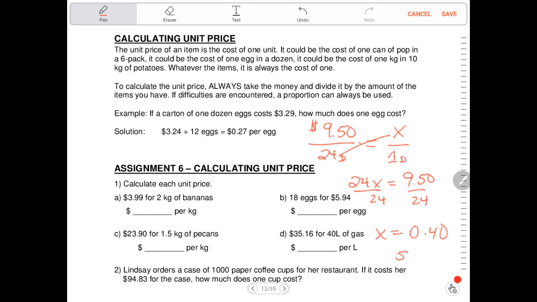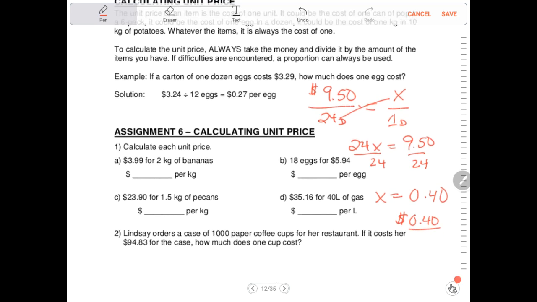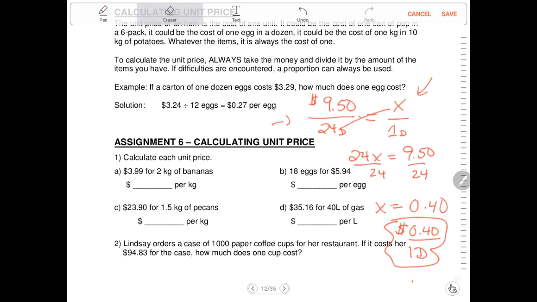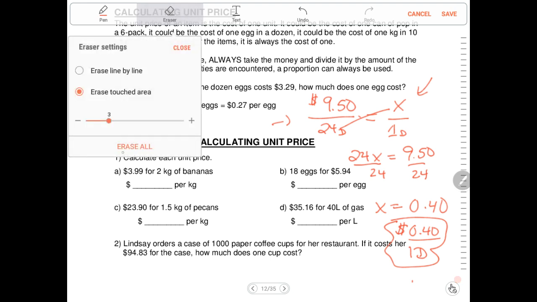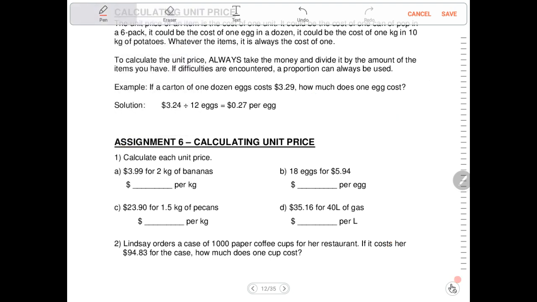So that would be 40 cents for one donut, and that would be an accurate representation of your final answer. My advice is to set up the cross multiply and divide ratio with the know and the want, like we spoke about in the last video. You can see already that this concept is becoming repetitive.